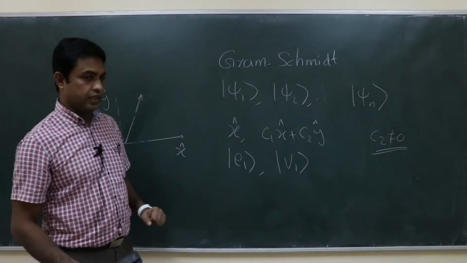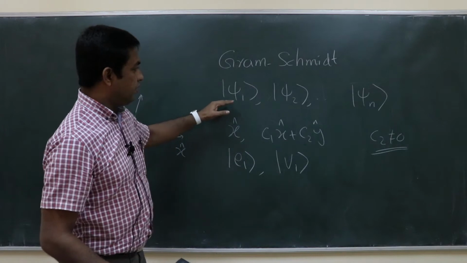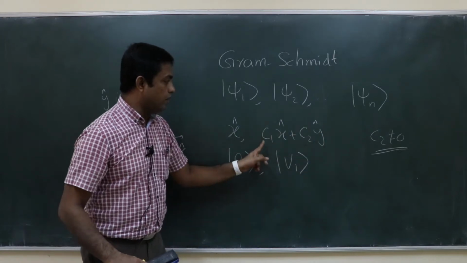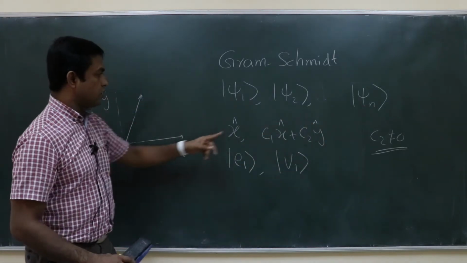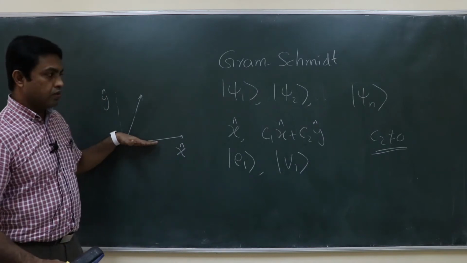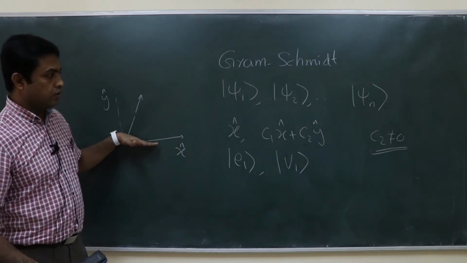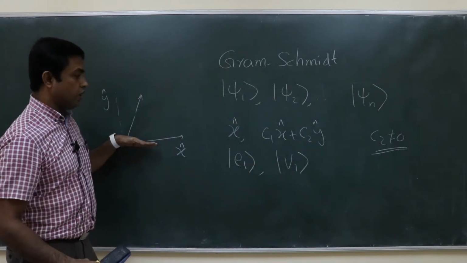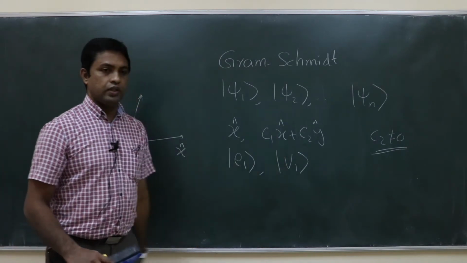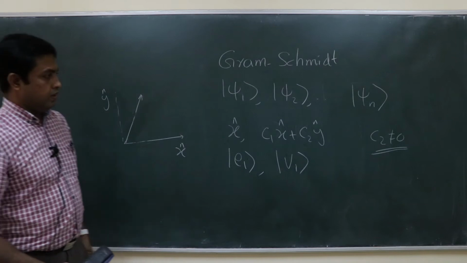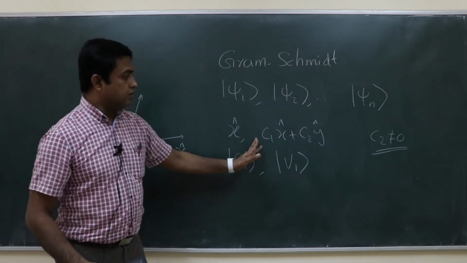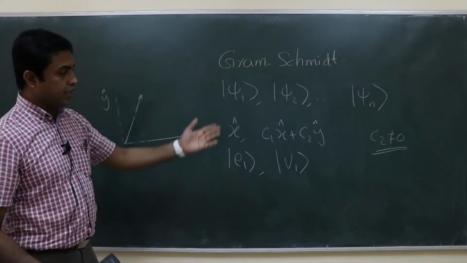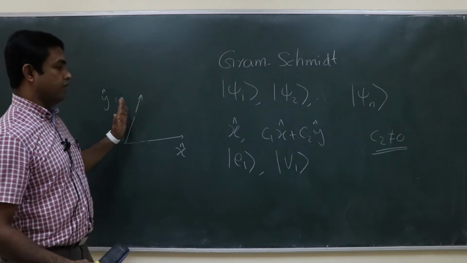How do you do that in the ket-bra notation? In this particular example, what is the projection of this vector along this one? It is c1 x cap, right? So I should subtract that from this. Then I will get c2 y cap. Then I should normalize that, so I get a vector orthogonal to this.